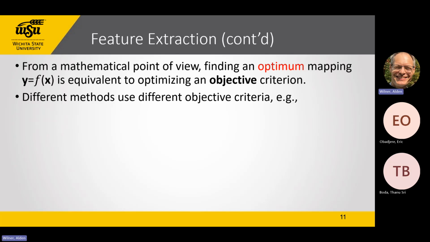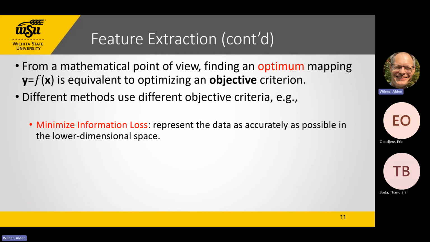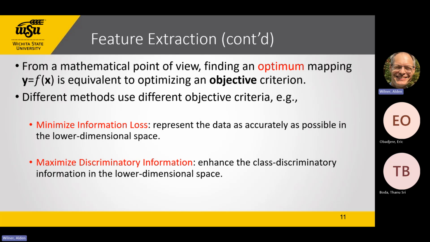Different methods use different criteria. For instance, we could say we want to minimize the amount of information that we lose. We want to model the data as accurately as possible in a lower dimensional space. Or we could be looking for maximizing discriminatory information. We want to enhance our ability to discriminate between classes of our data, right?